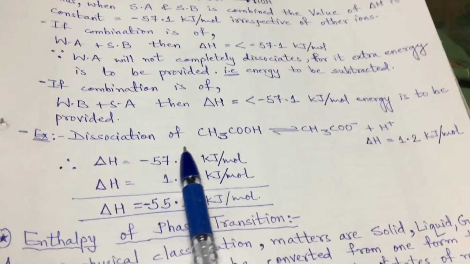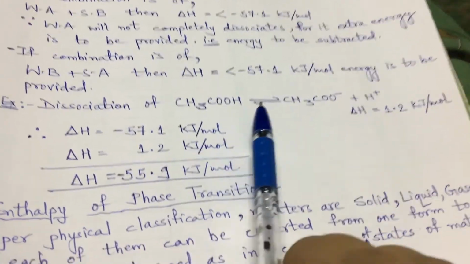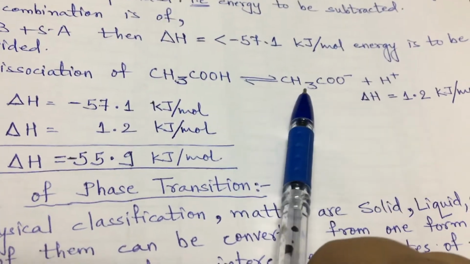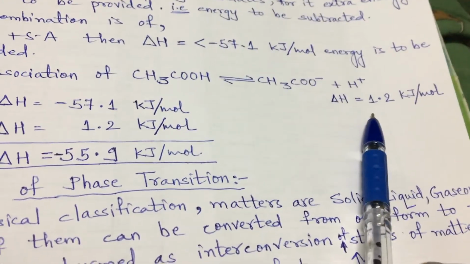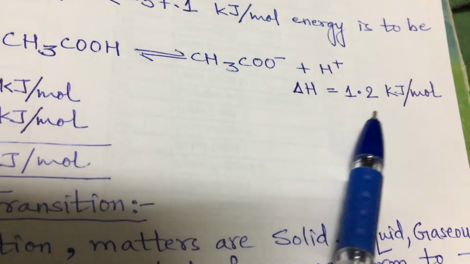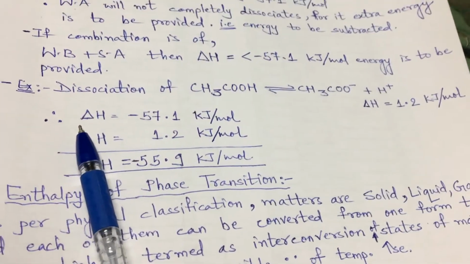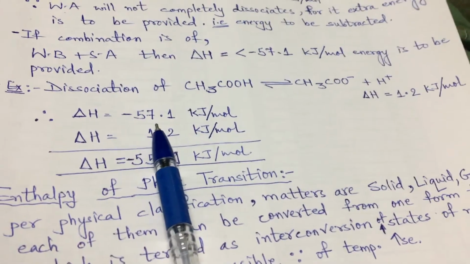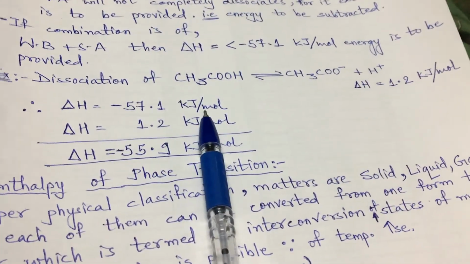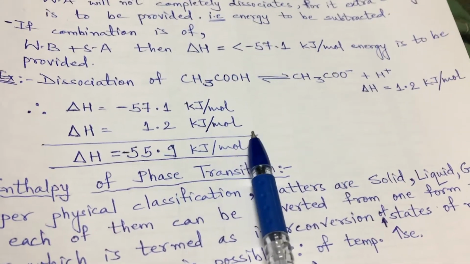So dissociation of acetic acid, CH3COOH, which is reversible, gives CH3COO minus and H plus, which is 1.2 kilojoule per mole, right? So what is here? Delta H is fixed for neutralization, so it will be minus 57.1 kilojoule per mole, and here the dissociation energy is 1.2 kilojoule per mole.